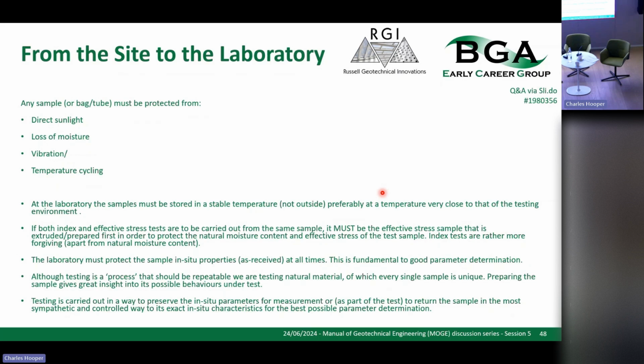They can then be moisture sealed very carefully, but all of that is in chapter 49. The actual instructions and depth of it is there, so I don't really need to go on too much about it. Samples should be kept away from direct sunlight.